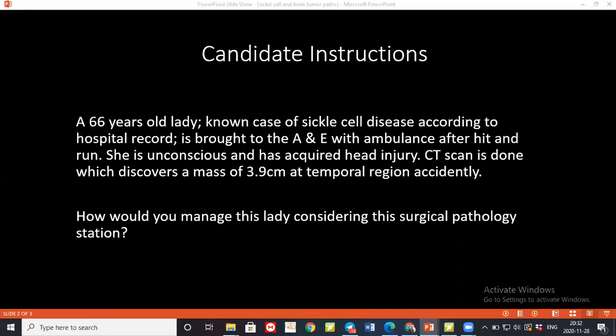The complications of sickle cell disease are vaso-occlusive crisis, sequestration crisis and aplastic crisis, and chronic tissue hypoxia can lead to damage to the spleen, heart, kidney and lung, and increased susceptibility to infection with encapsulated organisms. Very good.